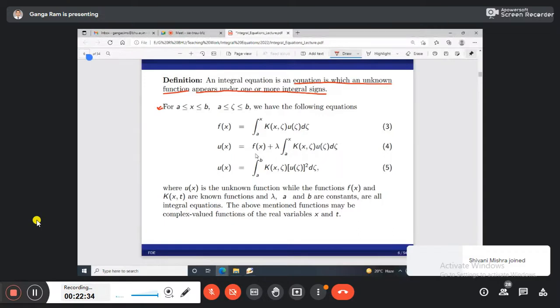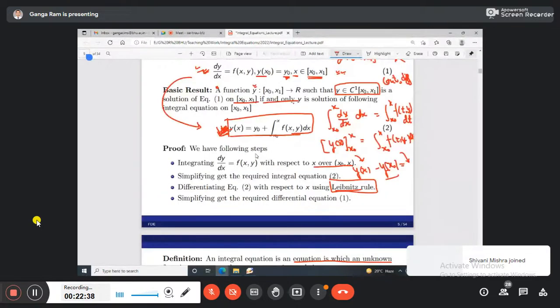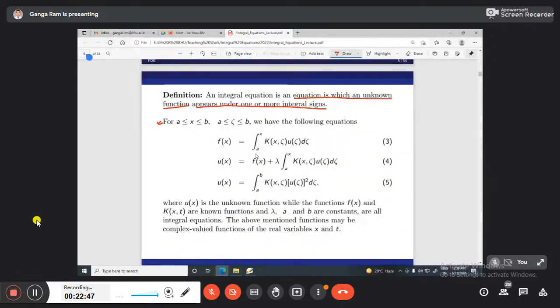Now we have some examples. We have some integral equations, and you can see here f(x) is equal to, suppose x lies in an interval a to b, and zeta also belongs to that same interval.